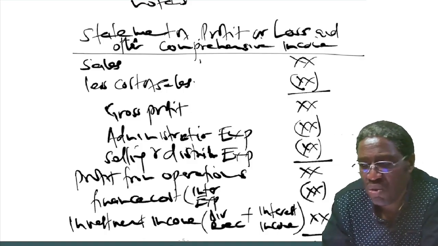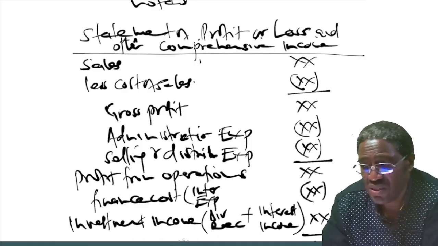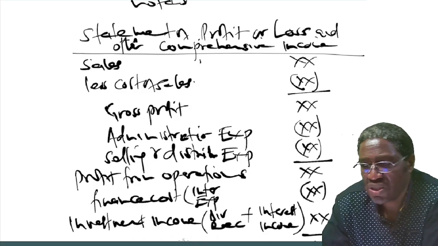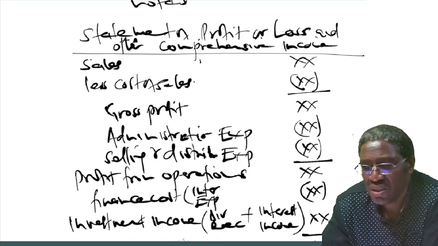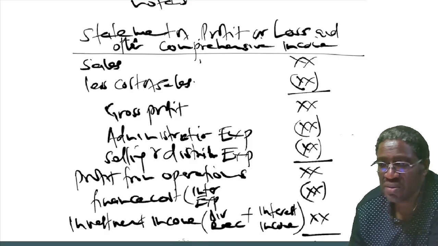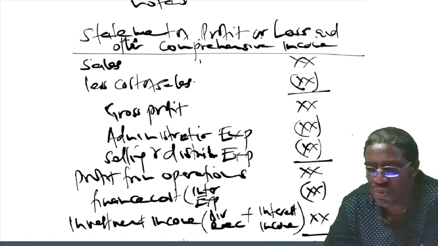Then we can now copy the format where you start with the sales. Then you come to cost of sales. You less cost of sales and get the gross profit.